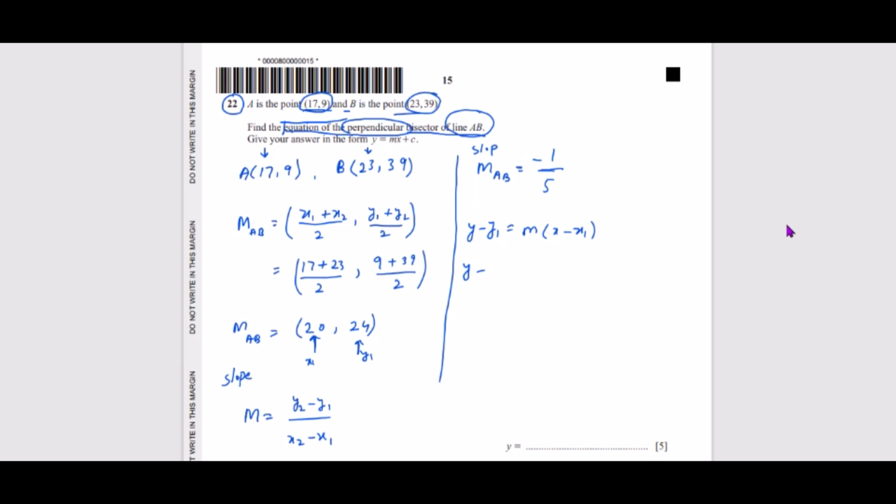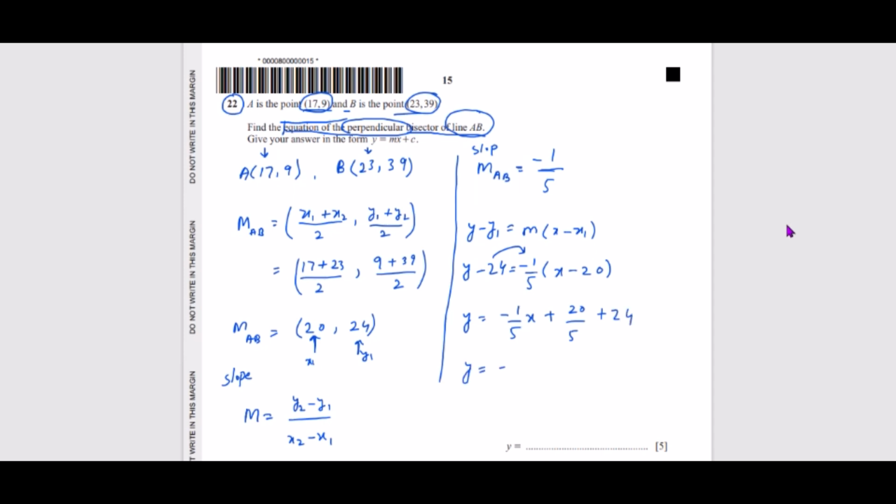So put these values. y1 is equal to 24 and the value of m is minus 1 by 5, into x minus x1. x1 is 20. So minus 24 shifts to this side. Minus 1 over 5 into x, minus multiplied by minus, 1 multiplied by 20, 20 divided by 5, plus 24.